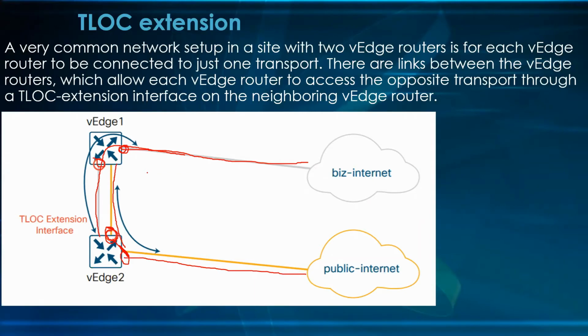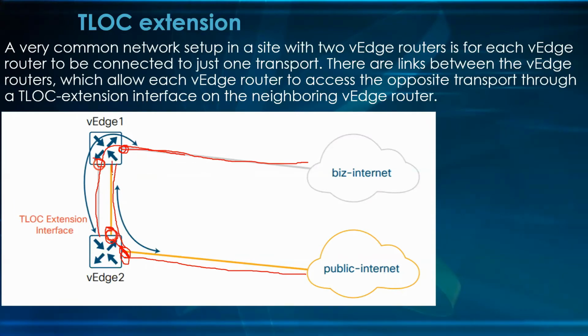Now, how the TLOC extension works overall is that on this interface I specify the IP address, the TLOC extension, and the interface name. For the interface which I'm extending, I give the interface name here, and then this will pick that interface and extend it to this router.